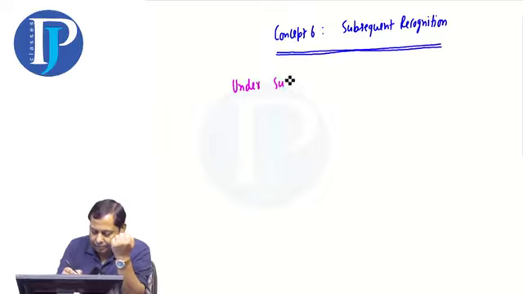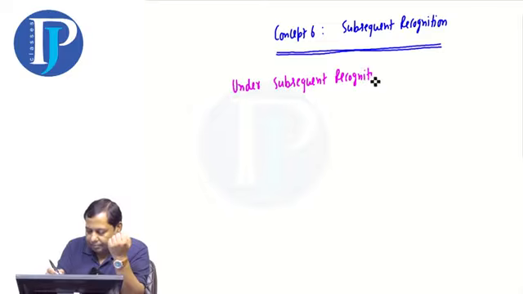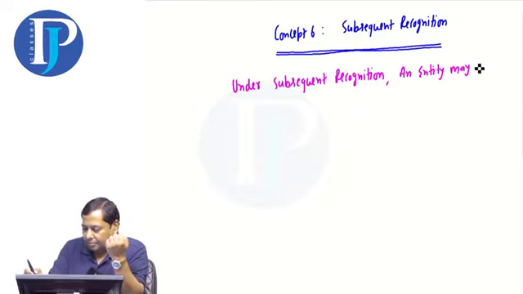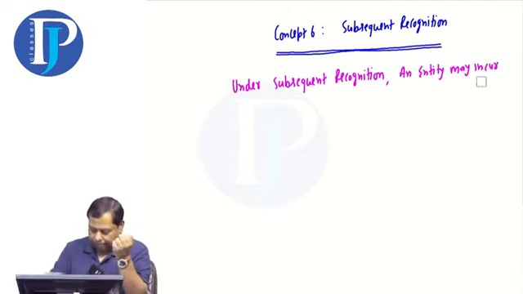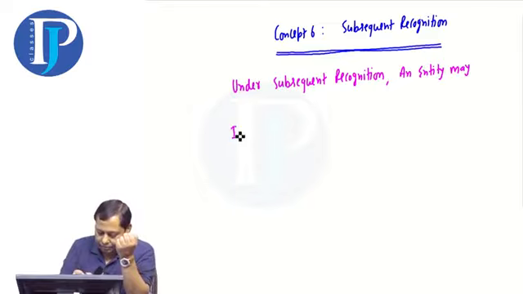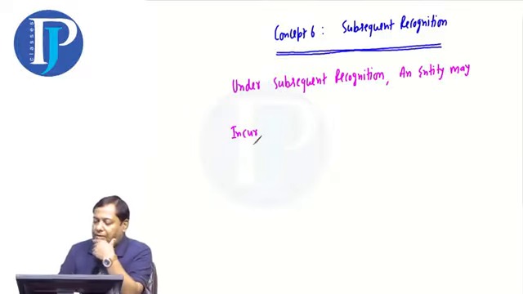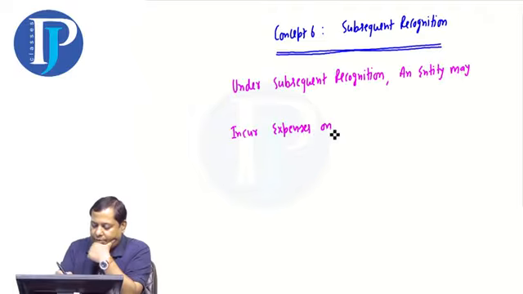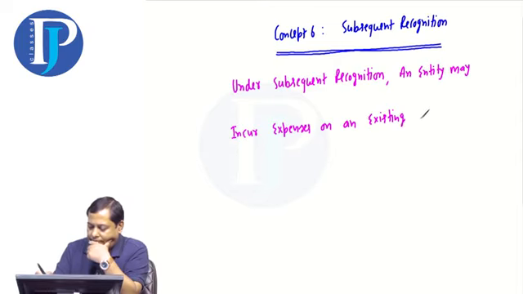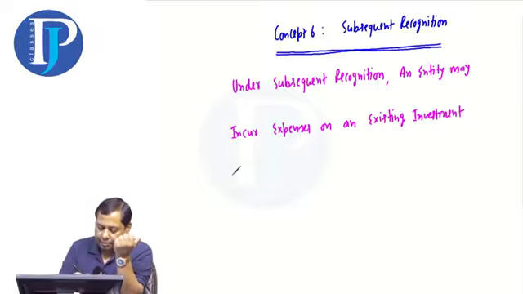Under subsequent recognition, an entity may incur expenses on existing investment property.